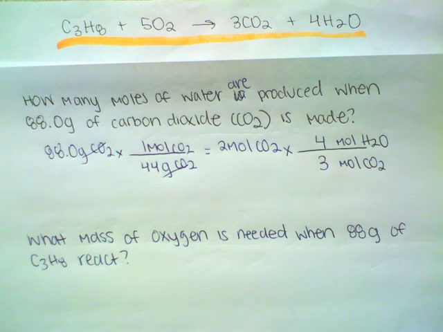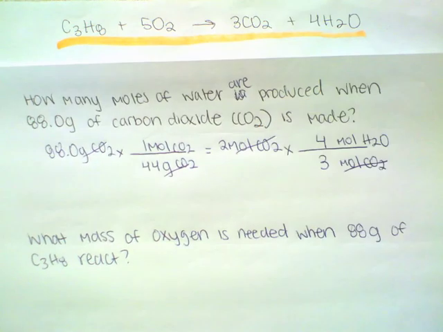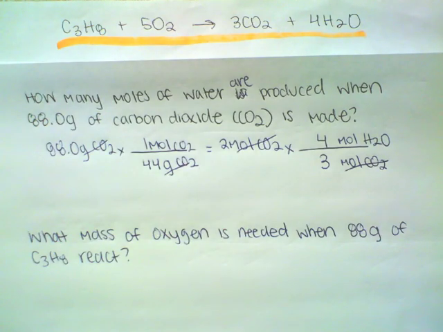Now you are going to multiply the numbers on the top and divide by the numbers on the bottom. Remember, moles of carbon dioxide is canceling out. That's why we put it on the bottom. So you have 2 times 4 divided by 3.